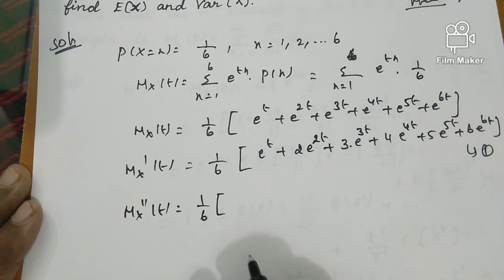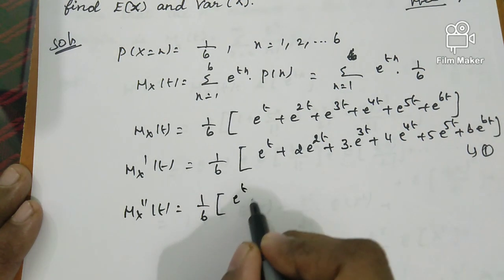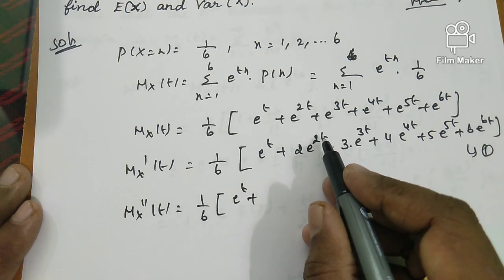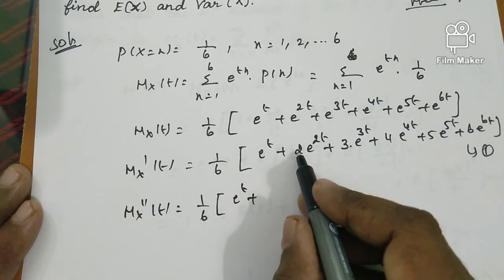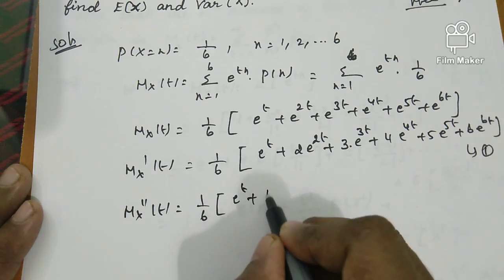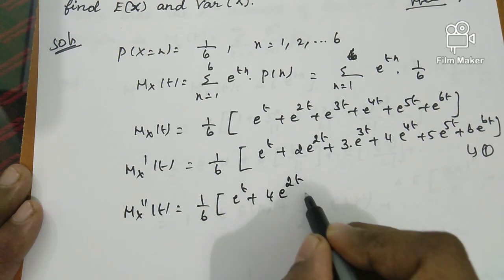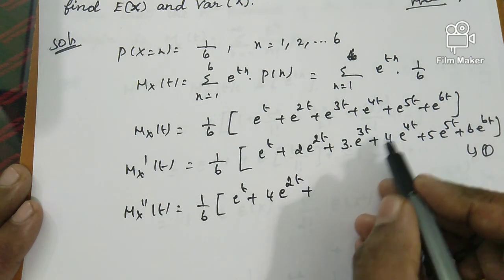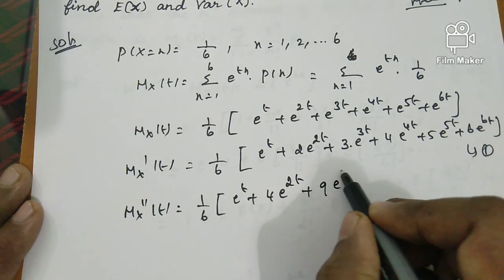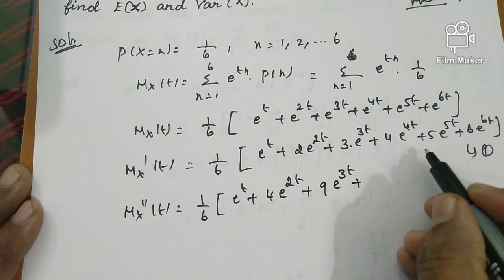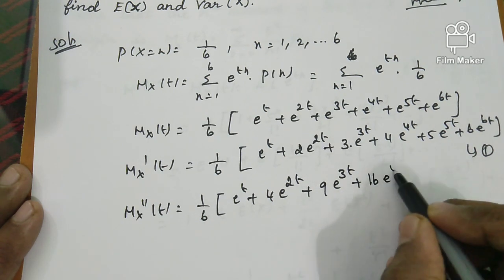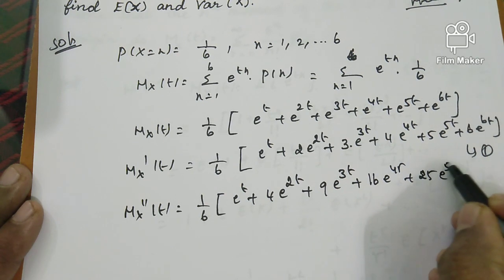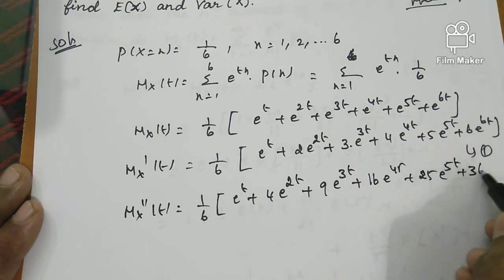So again e power t differentiation is e power t, 2 is a constant, differentiation of e power 2t is e power 2t into 2, already one 2 is there, so this becomes 4 e power 2t, plus in the same manner 3 e power 3t into 3, 3 into 3 is 9, so 9 e power 3t, plus the next terms 16 e power 4t plus 25 e power 5t plus 36 e power 6t.